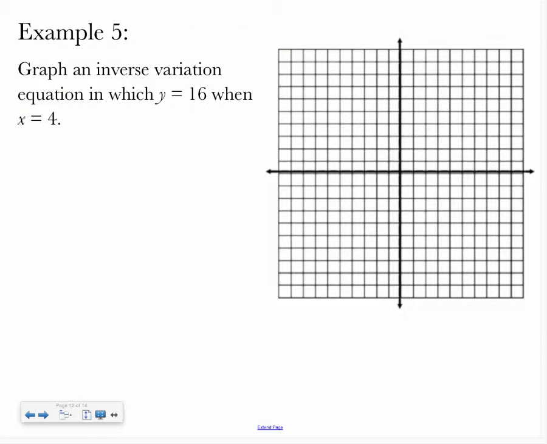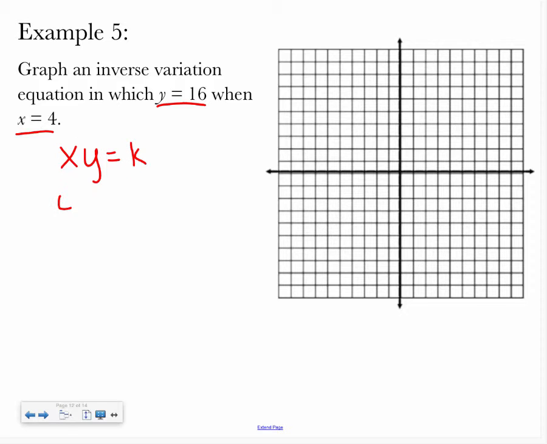And our last example. Graph an inverse variation equation in which y equals 16 when x equals 4. Okay, so first we know y equals 16 when x equals 4. So let's write our equation so we can graph it. Inverse variation, xy equals k.